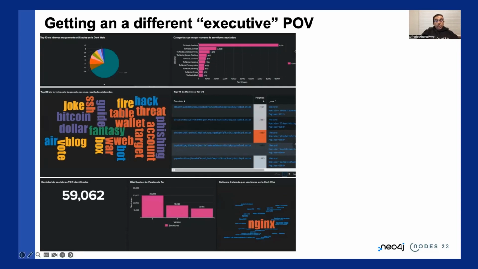And on the last side, the most used technologies with these servers, right? As I told you, what are the most common services or common technology behind the services? In this case, for this kind of investigation, the most used web service technology is Nginx. In second place, Apache, and different other technologies that you will see.